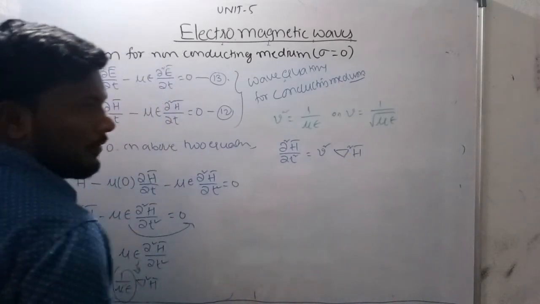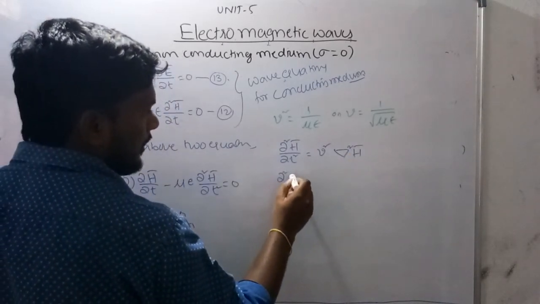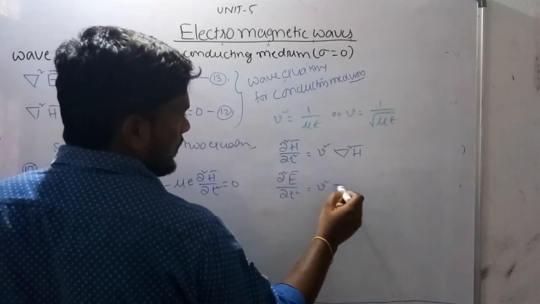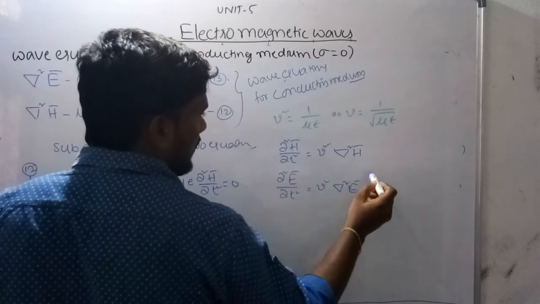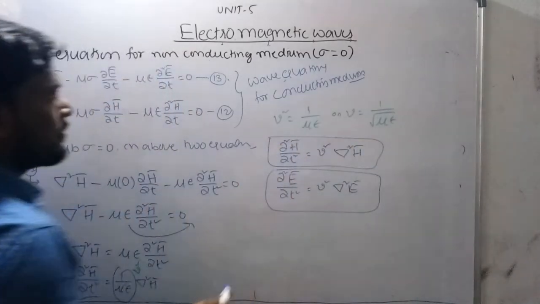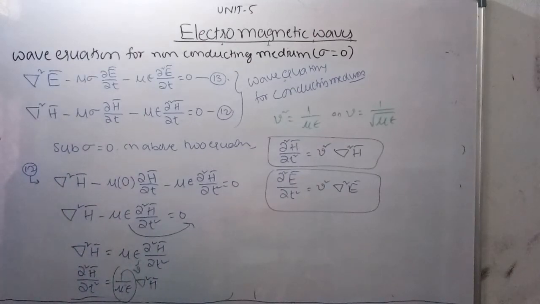This is for the magnetic field wave. Similarly, for electric field, it is dou square e bar by dou t square equals v square del square e bar. These two equations are called wave equations for non-conducting medium.